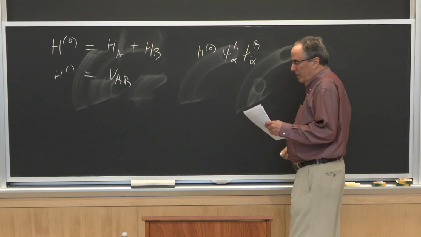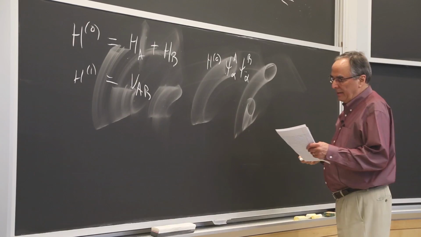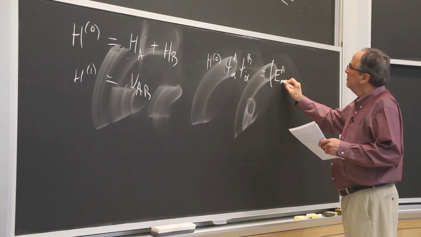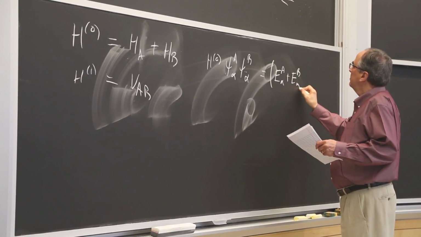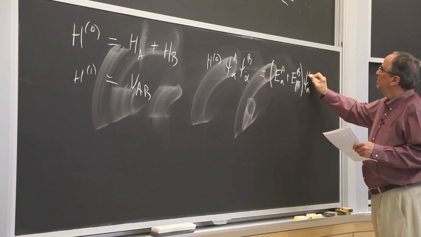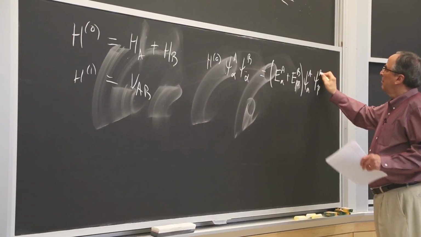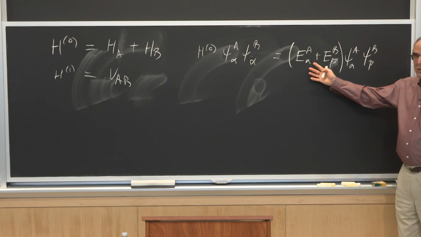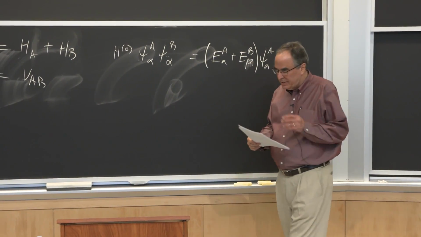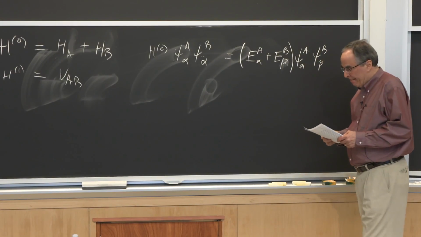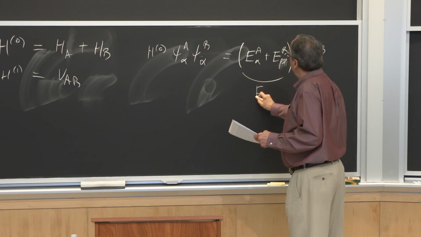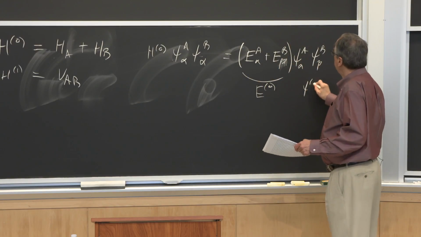When you do that, you discover that these are our energy levels and these are our basis functions, and we are off to the races. So this is E0, and this is psi 0 for the system.